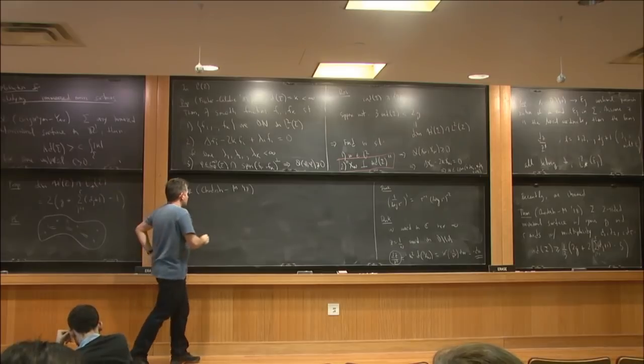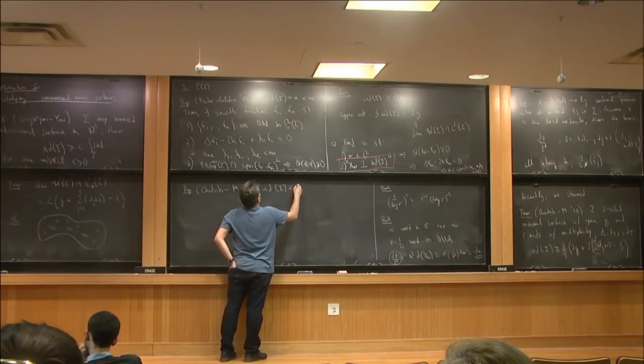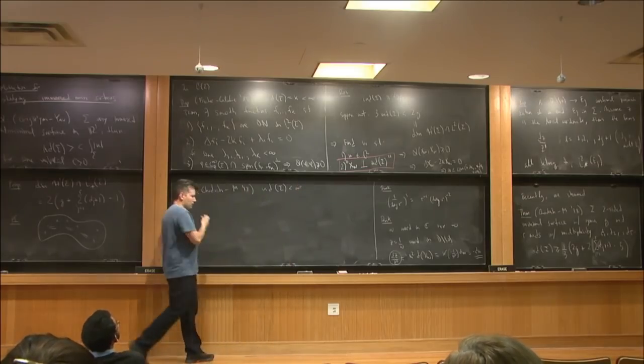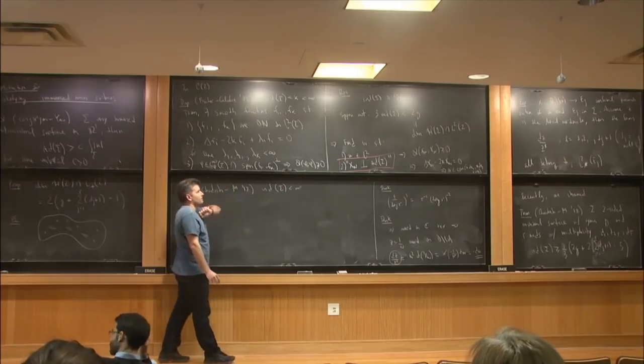Okay, so again, suppose you have a minimal surface with index less than or equal to infinity. So this is the usual index, okay?